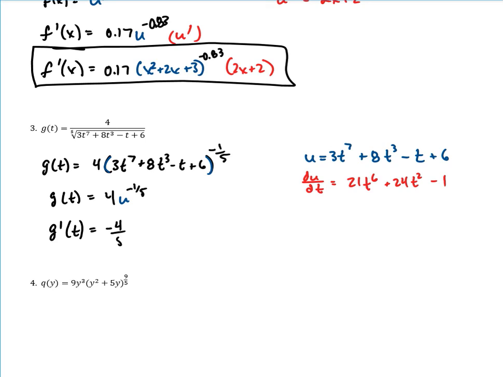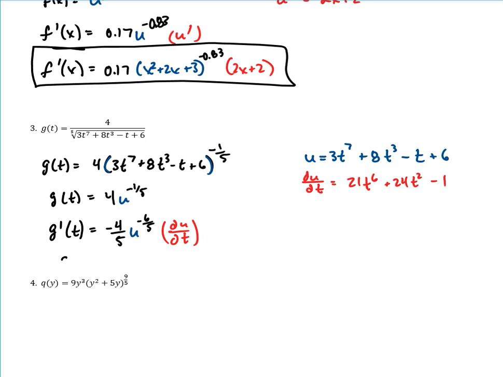So I'd have negative 4/5. And then the u still there. I need to minus 1 from that negative 1/5. If I minus 1 from that, it would be negative 6/5. And then I just have to remind myself, hey, you changed the letter, it went from t to u, so make sure to multiply by the derivative of u with respect to that t.